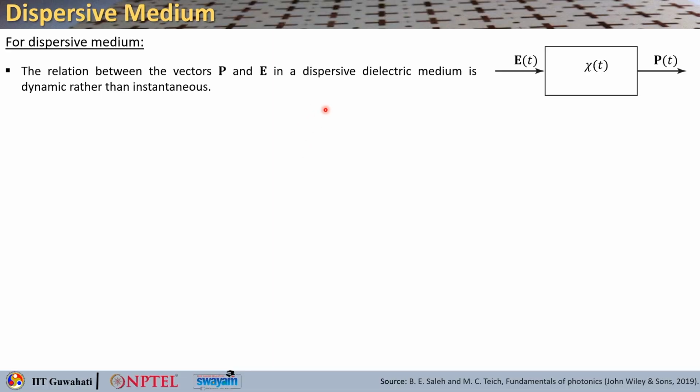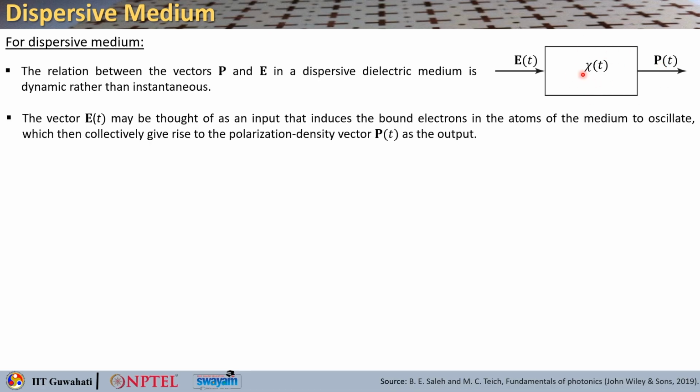For a dispersive medium, the relation between P and E is dynamic rather than instantaneous. So you have to now think of time dependence in the electric field and the polarization density as well as in the material parameter. This is coming from the material parameter because things do not change instantaneously, right.